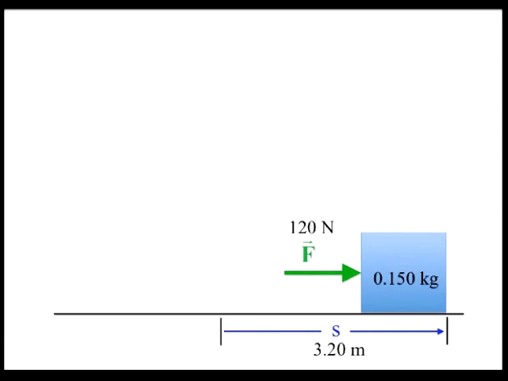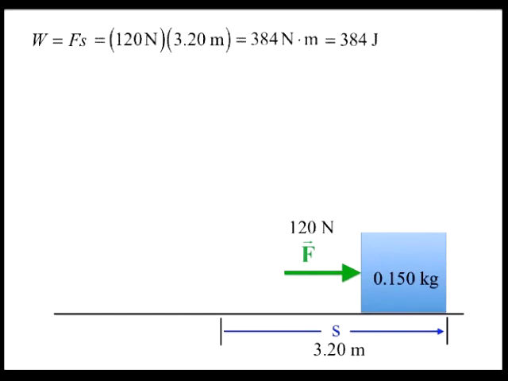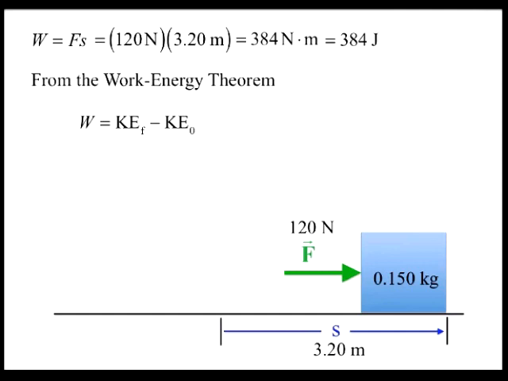This is given by W equals F times s, which equals 120 newtons times 3.20 meters, which equals 384 joules. Since the object started from rest, meaning v0 equals 0, and therefore the initial kinetic energy is 0, the kinetic energy of the object after the force acts on it through a distance of 3.20 meters is also 384 joules.